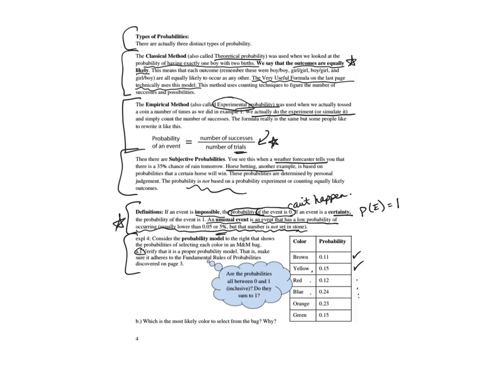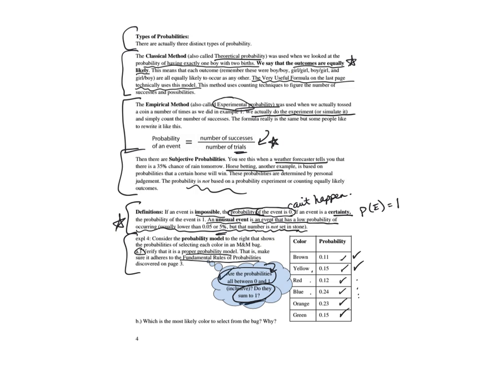Part A, verify that it is a proper probability model. That is, make sure it adheres to the fundamental rules of probability, which we did just talk about on the last page. Make sure the probabilities are all between 0 and 1, and make sure they add to 1. So of course you look at each probability that they quote you and make sure it's between 0 and 1, and it certainly looks like that is true.